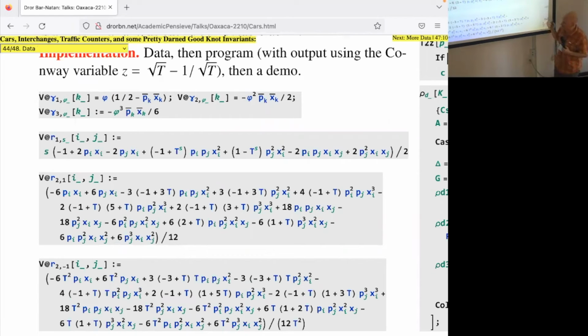I have searched for polynomials in the P's and X's, and in fact, this is the result of the search. So quantum algebra tells you that such polynomials will exist, but finding them, it's actually easier to just search for them and find them than running through the whole lengthy procedure.